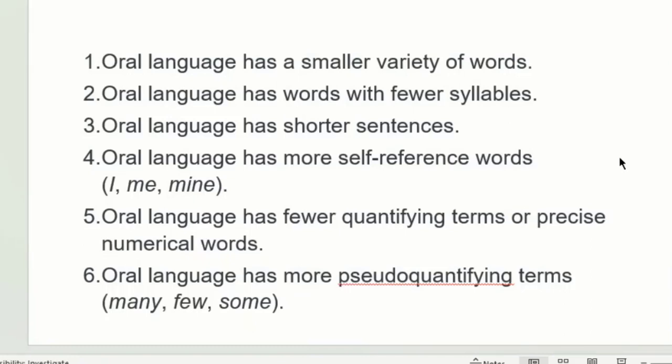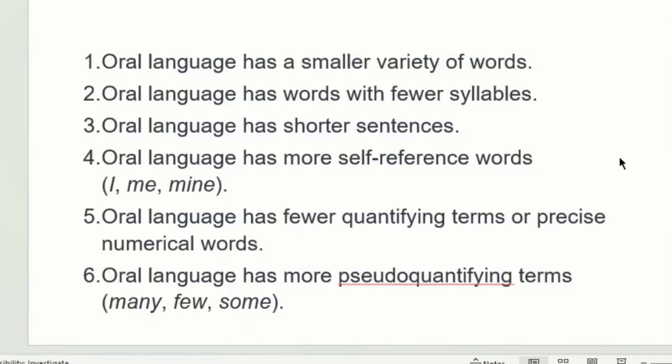It's mine. But when you're going to write it, I say it's mine, but when I write, it is mine. Can you see that now? I change the it's that I'm pronouncing to it is mine. So when you write, it becomes longer.